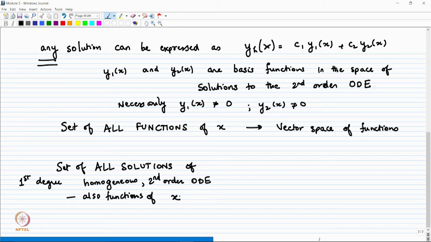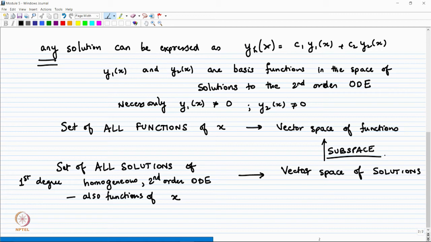This forms the vector space of solutions to the differential equation, the functions that satisfy it. So this is a subspace of the space of all functions. The vector space of all functions will contain the vector space of all the solutions.